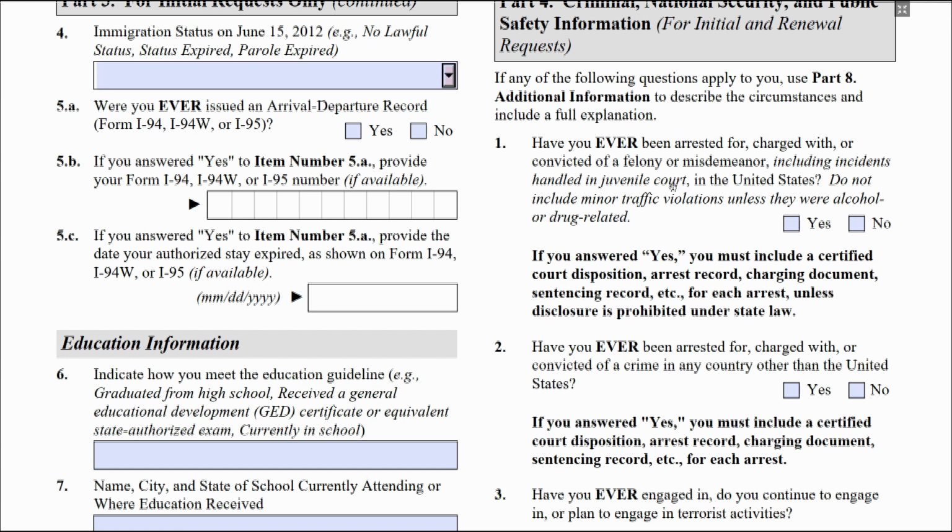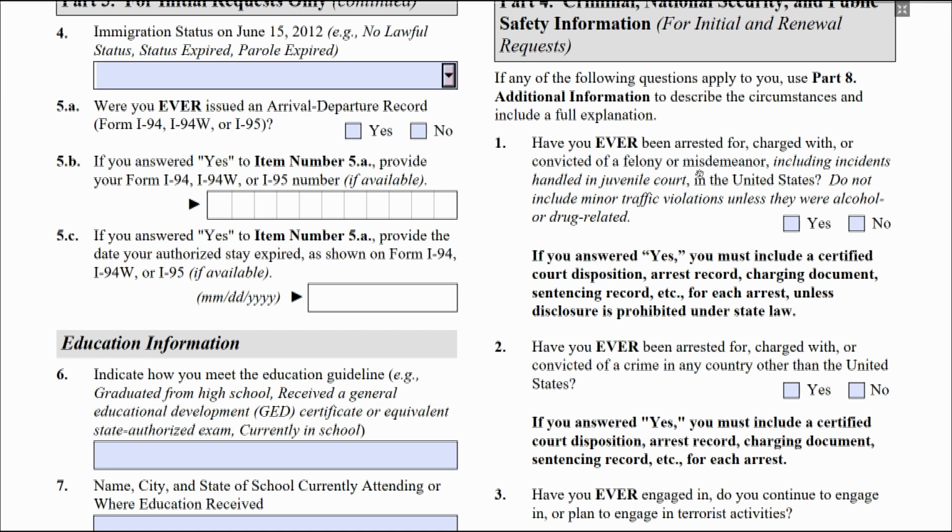That is different from infractions, at least in California. In California, you have infractions like traffic incidents, speeding tickets, etc. And for felony or misdemeanors, that's where the crime is a bit more serious. If you have ever been arrested, charged, or convicted of a crime, definitely speak with an immigration attorney.